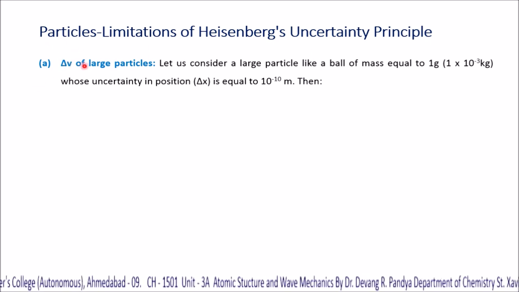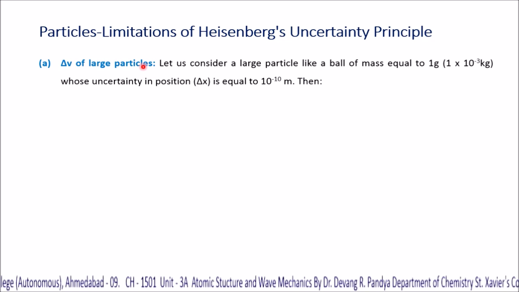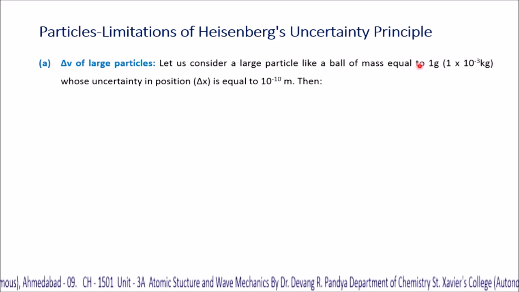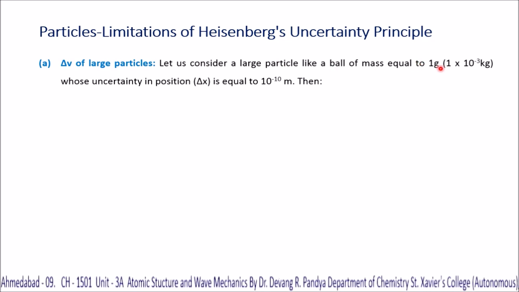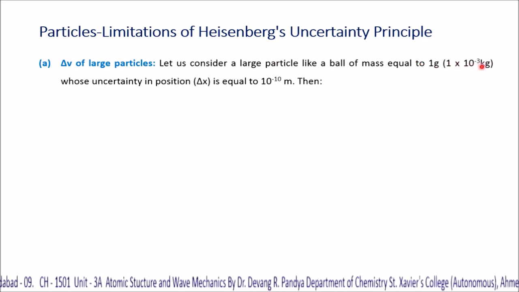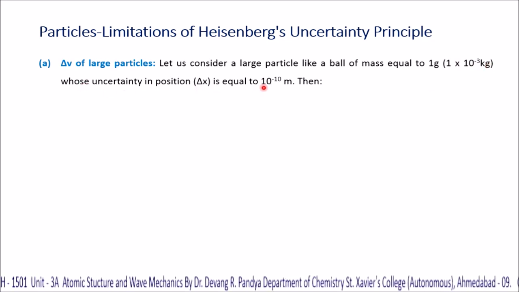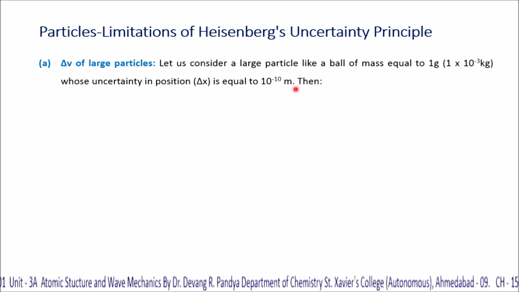One, the delta v for a large particle, then what happens? Let us consider a large particle like a ball of a mass of 1 gram, that means 1 into 10 raised to minus 3 kilogram, whose uncertainty in position is equal to 10 raised to minus 10 m.